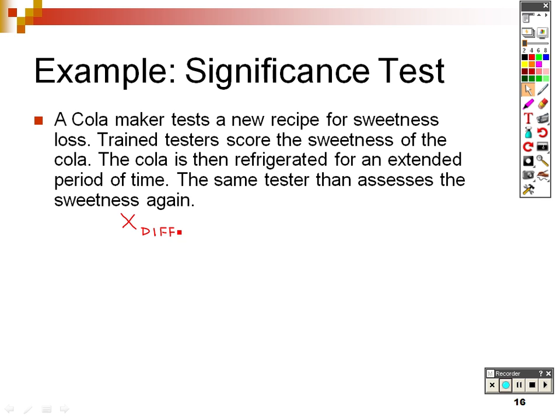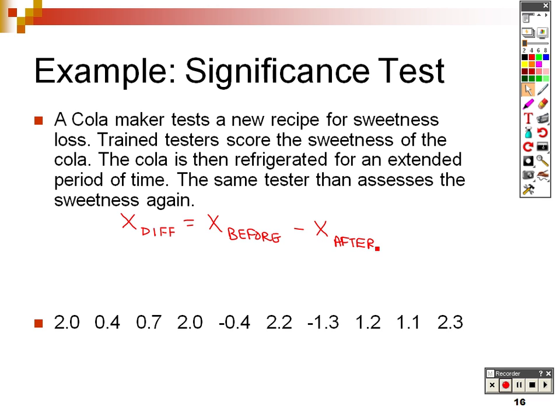So you can imagine any piece of data that we have as being the sweetness level before, with the sweetness level after storage being subtracted from that. And here's what our data looks like. We've got 1, 2, 3, 4, 5, 6, 7, 8, 9, 10. And if you'd like to pause for a moment, you can pause so that you can get all of that data into your calculator.